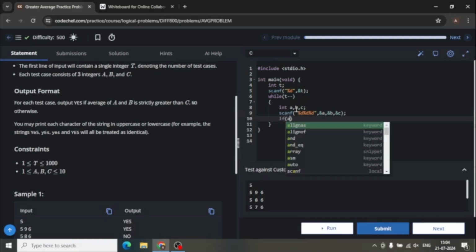Now, we have to check whether A plus B by 2 is greater than C or not. If it is, then print yes, else, print no.